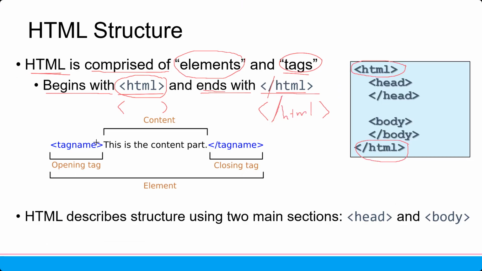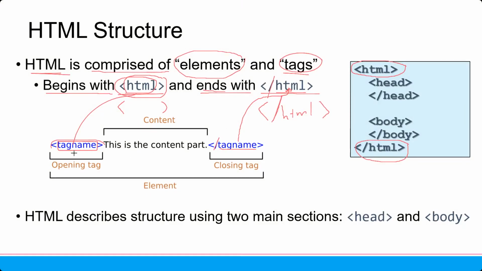So the tag, okay, what does it mean by tag? The tag can be anything that has been provided by the system. For HTML, the tag name is html. The ending should have the same tag name, which is html. This is the ending because we have the backslash.